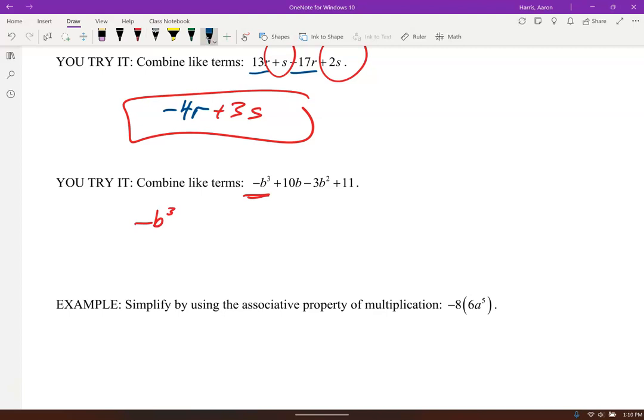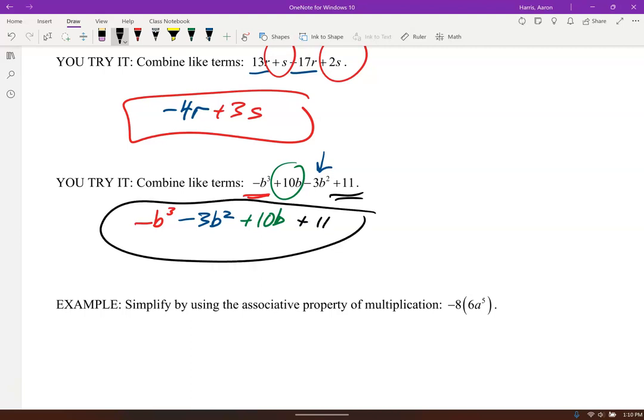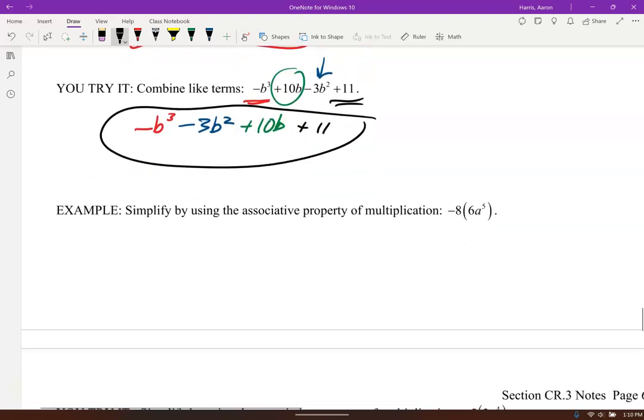Any other b squareds besides this one? No, that's the only minus 3b squared. And then there's plus a 10b. That's the only b. And finally, plus 11 on the end. That's the only constant. So there's nothing to combine there. I just put it in order, descending order of my degree there.